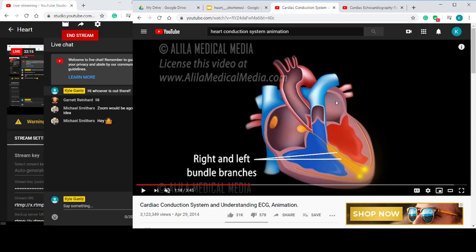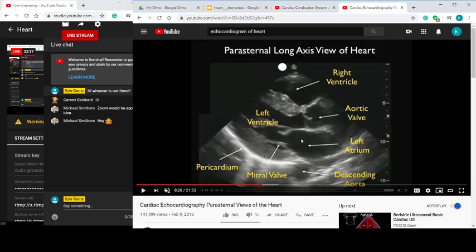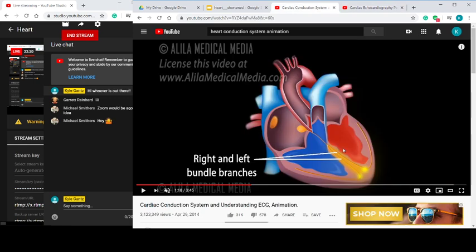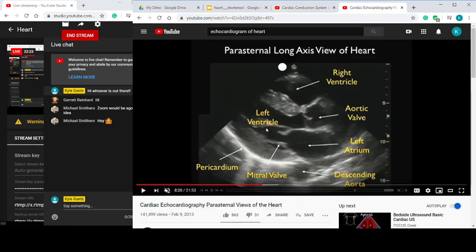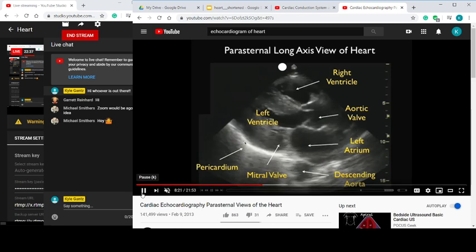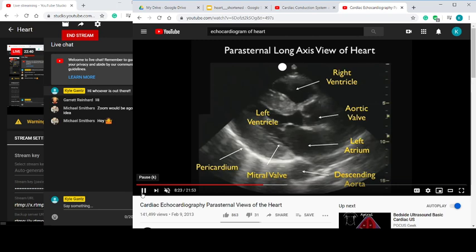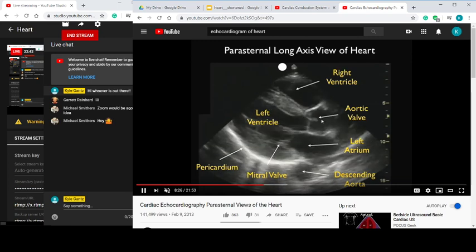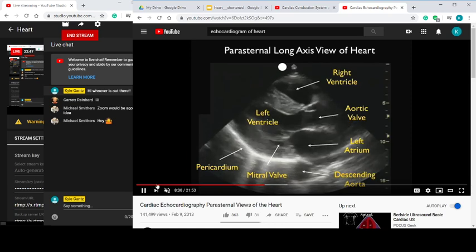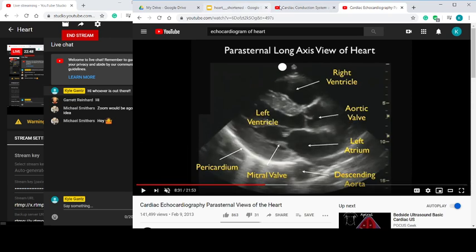Here's our left atrium. Here's our left ventricle. So we're kind of laying on our side now with our left side down. We have our mitral valve, we have our right ventricle, we can see our aortic valve. You can watch as the heart pumps, and you can see how these valves open and shut. Anyway, we'll get to more of that later, but I thought that was cool.